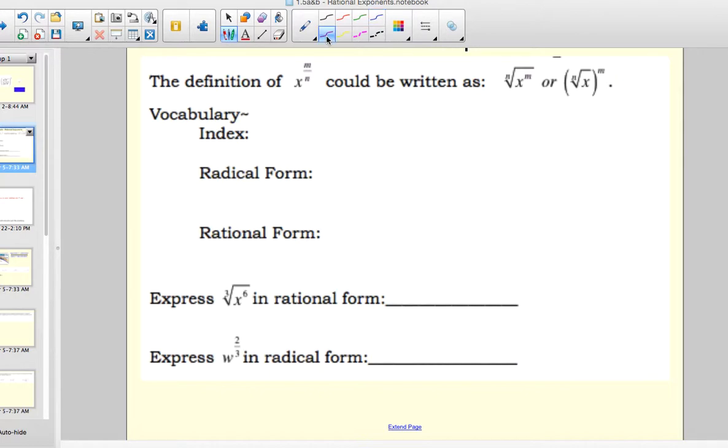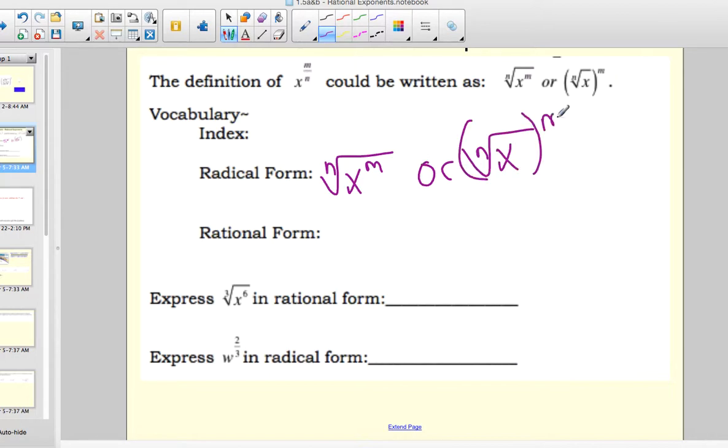So radical form would be the nth root of x to the m, or more commonly, the nth root of x, and then all raised to the m power. And then rational form would just be x to the m divided by n as an exponent.